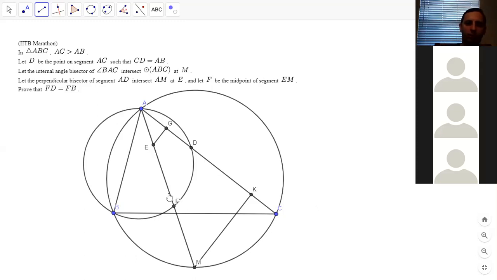Okay, so yeah, we want to show F prime is the midpoint of EM.